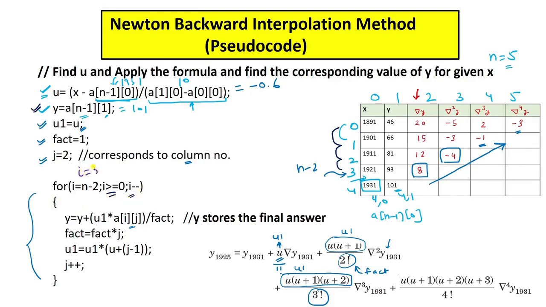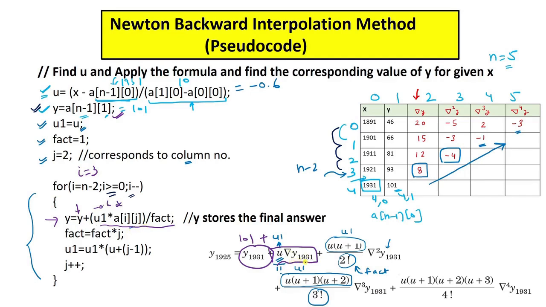Now let's run for i equal to 3. Inside this loop I'm saying y equals y plus, where initially y has the value 101. Now I am adding 101 plus this answer. This is the same thing: u1 is minus 0.6, multiplied by aij.